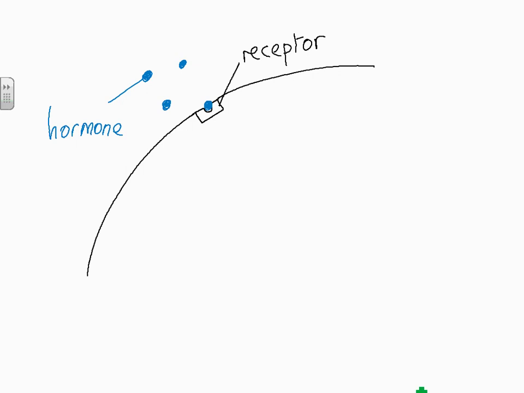The effect is that the binding of the hormone to the receptor triggers the production of an enzyme. And the enzyme has slightly different names in different sources. It's called adenyl or adenylate, sometimes, cyclase.